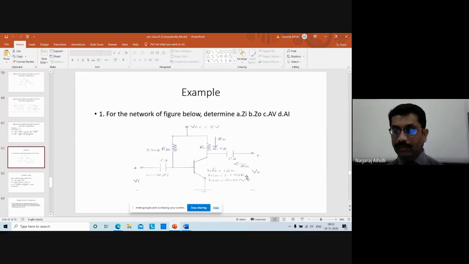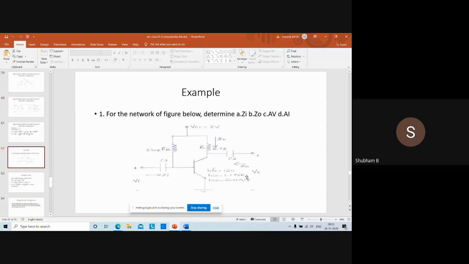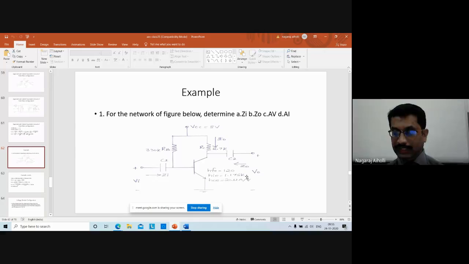330K parallel 1.175K. Sir, 1.170K. Correct. That is approximately 1.171 kilo ohms. Note down that RB parallel HIE is approximately equal to 1.171 kilo ohms, because RB is 330 kilo ohms and HIE is 1.175 kilo ohms.